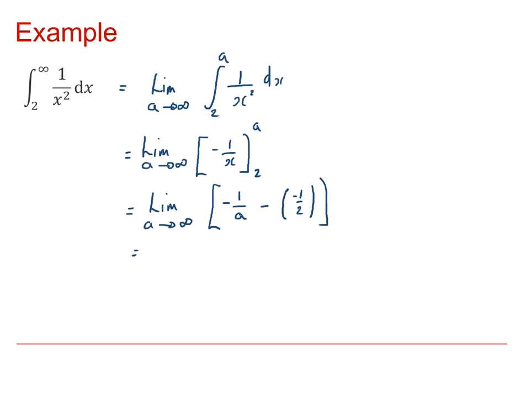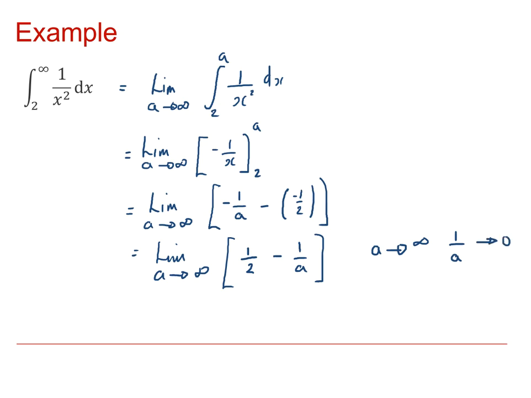So this is the limit as a approaches infinity of 1 over 2 minus 1 over a. But as a approaches infinity, 1 over a approaches 0.